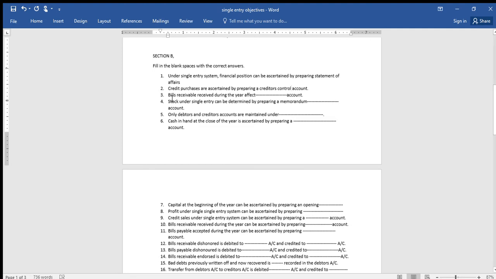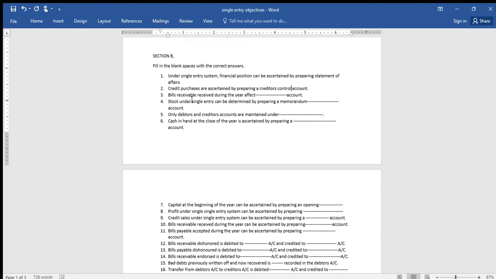Then question 3, bills receivable received during the year affect the dash. Bills receivable received during the year affect the total debtors account. Like when you're demanding some people and then they pay back, the debtors account will reduce.